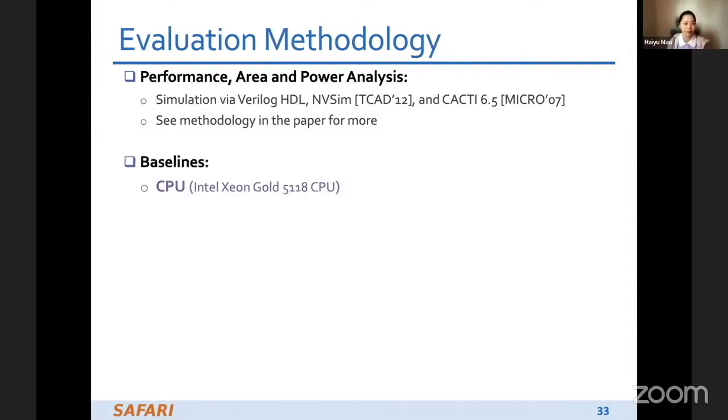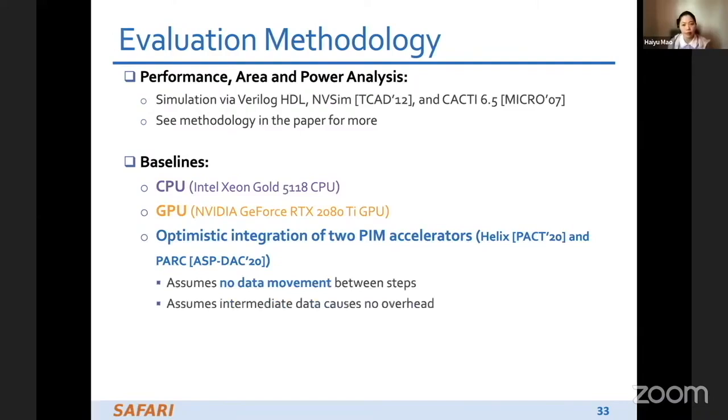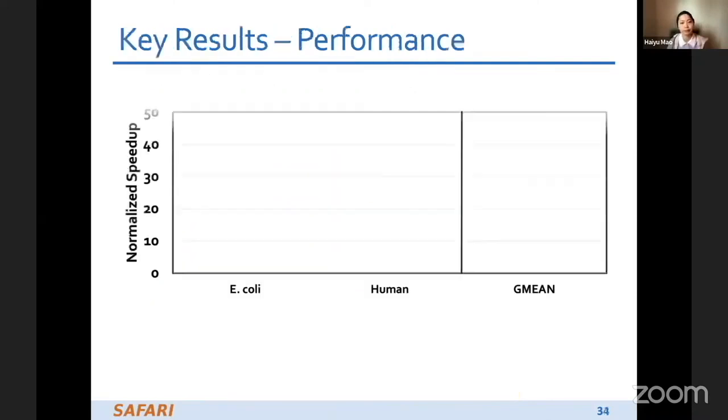For the baselines, we use a CPU, GPU, and an optimistic integration of 2 PIM accelerators, for which we assume there's no data movement between these steps. And we also assume there's no intermediate data, which causes no overhead. And we use 2 data sets, E. coli and a human data set.